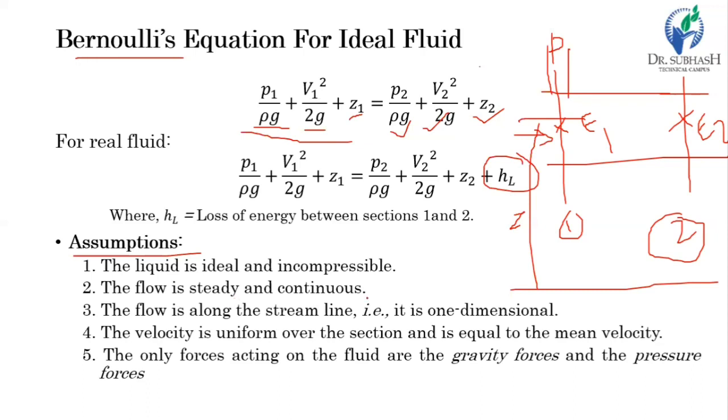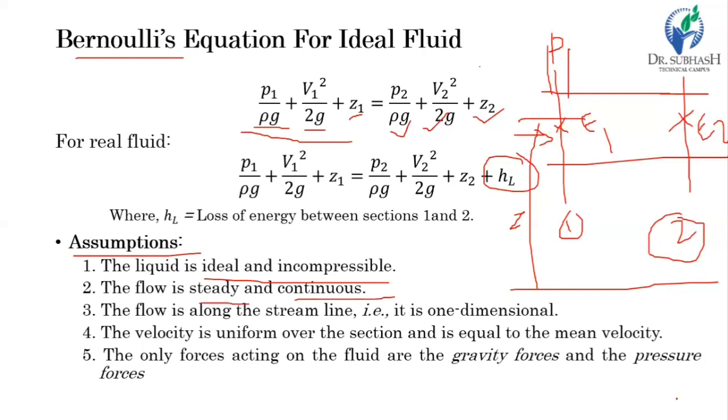The assumption made is that the fluid is ideal and incompressible, so we have not considered the change in density. We have neglected friction with solid boundaries, and the fluid does not possess any viscosity. It is considered a steady flow and continuous flow.